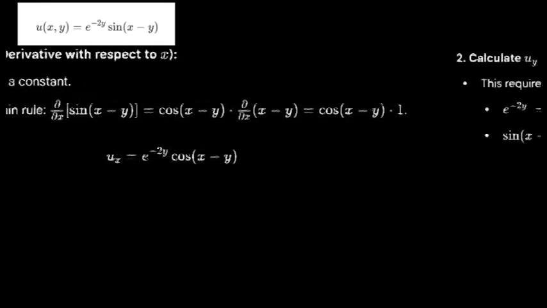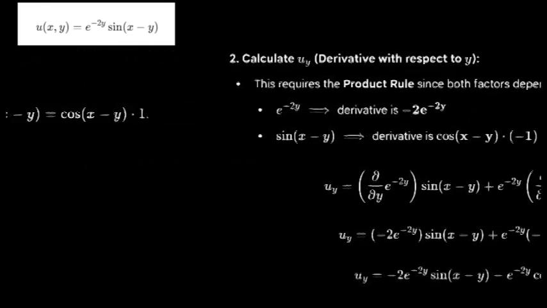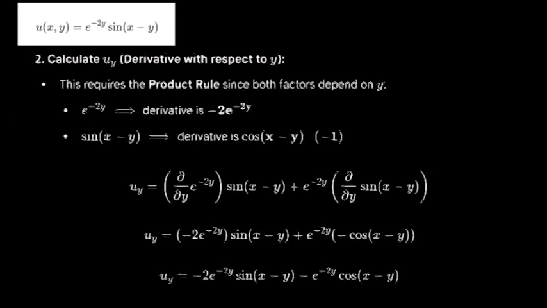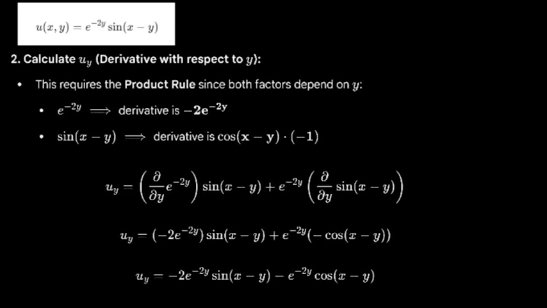So the next part is uy, the partial derivative of u with respect to y, that is du over dy. We have e raised to power negative 2y sin(x minus y). Now, recall the product rule.